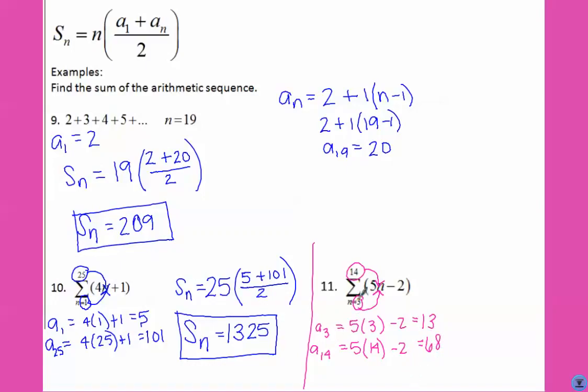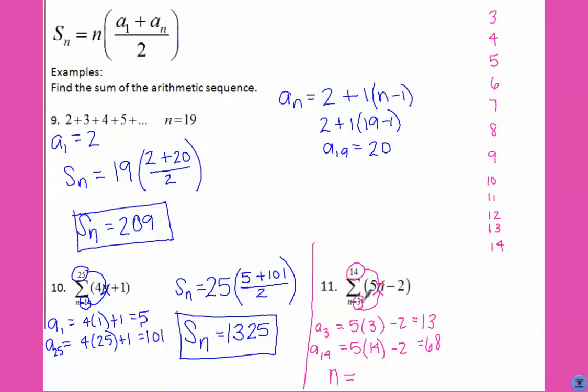Now, when the bottom number is not 1, students often get messed up with how many terms there are, what our number for n is going to be. So let's look at this. We're doing the third term, the fourth term, the fifth, the sixth, the seventh, the eighth, the ninth, the 10th, the 11th, the 12th, the 13th, and the 14th.